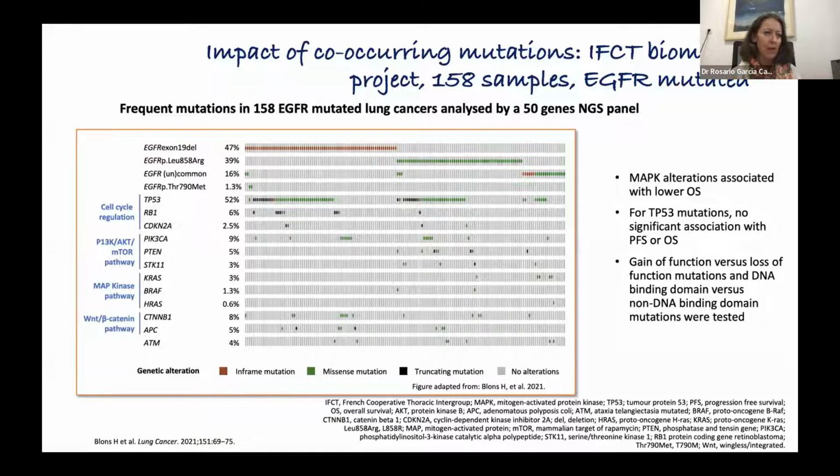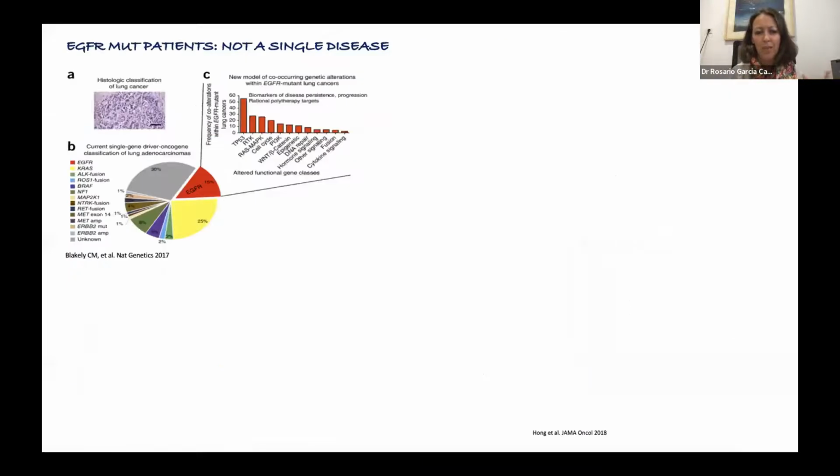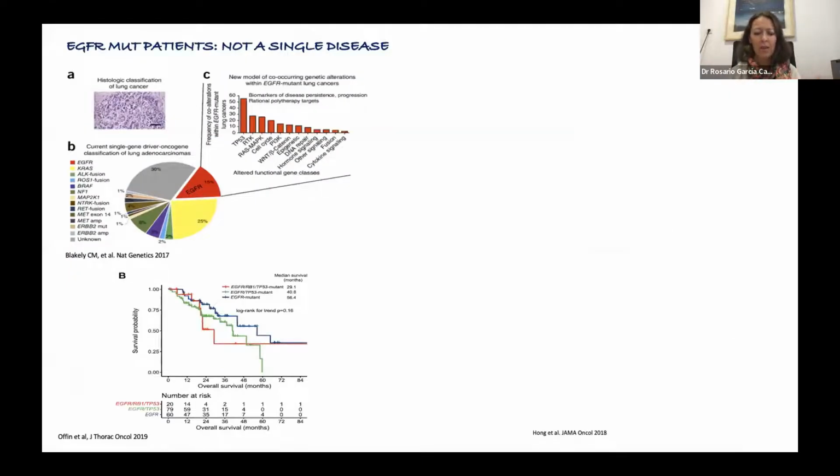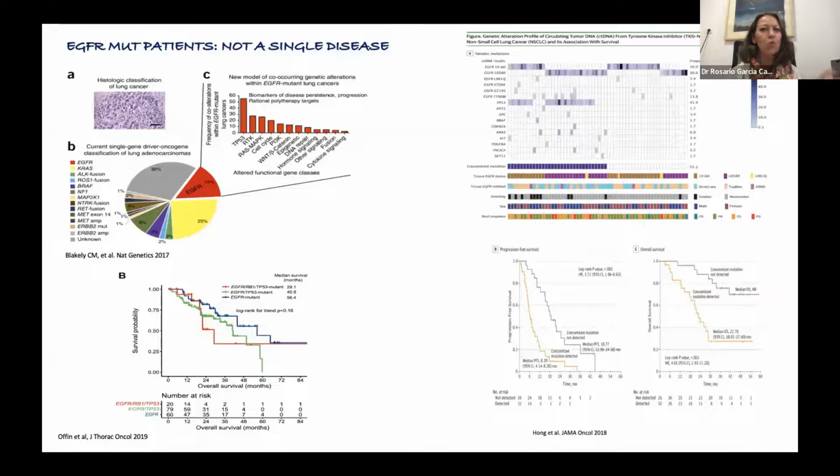NGS has allowed us a growing knowledge. We know that EGFR mutation is not that simple. Patients can have concomitant alterations like P53 or STK11, PTEN. And we even know that patients with the P53 mutations do worse.